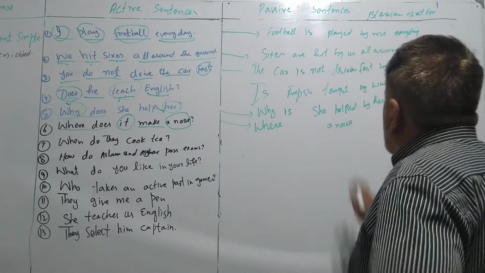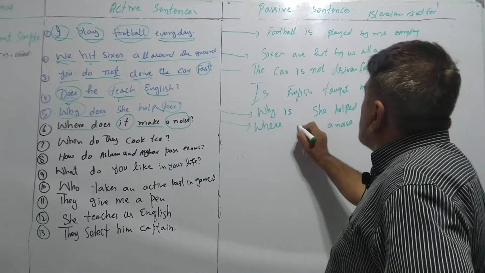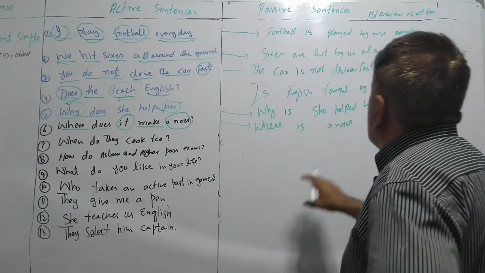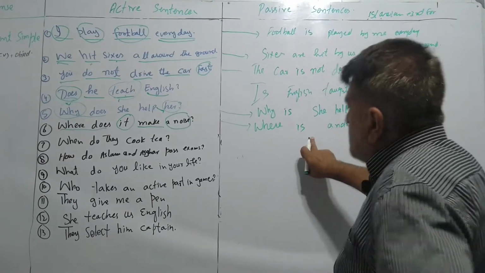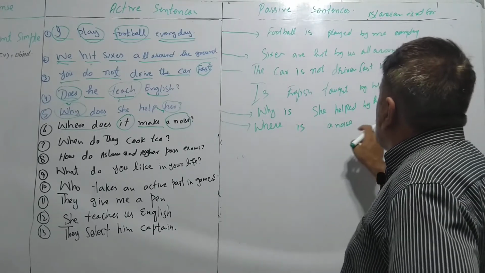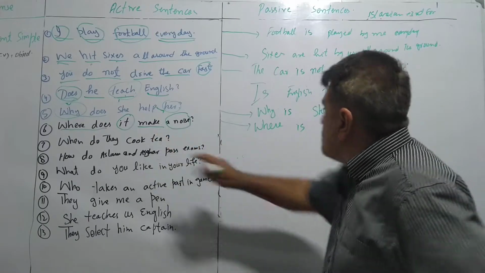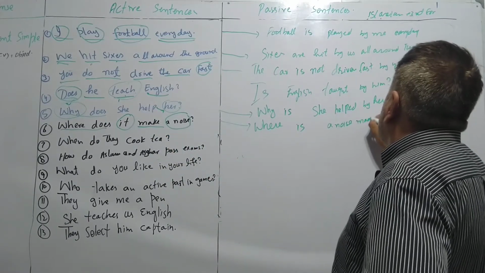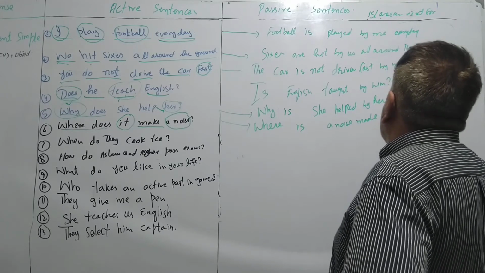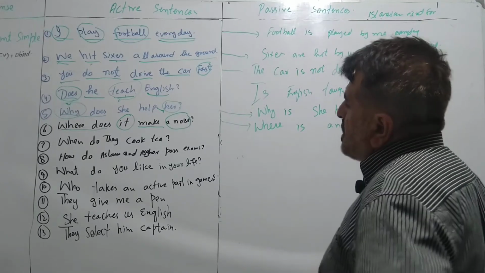Anais is third person singular, is is here because the helping verb should be before the passive subject. Why is Anais made by it? Sign of interrogation is important.